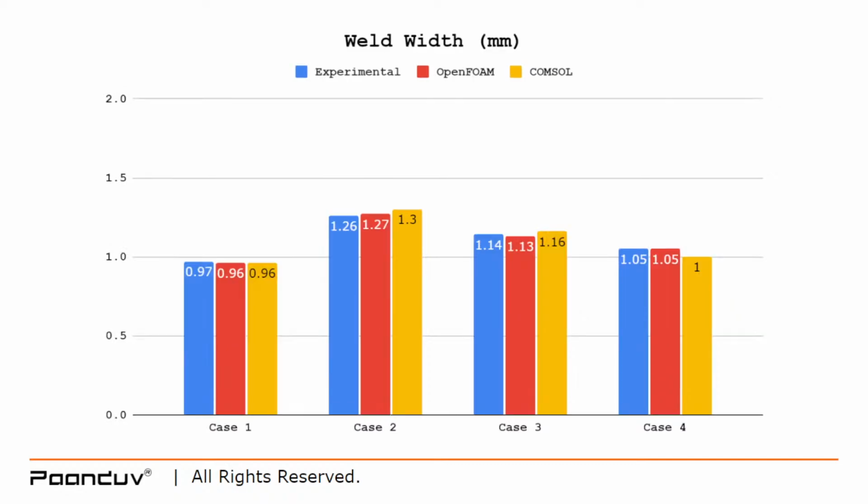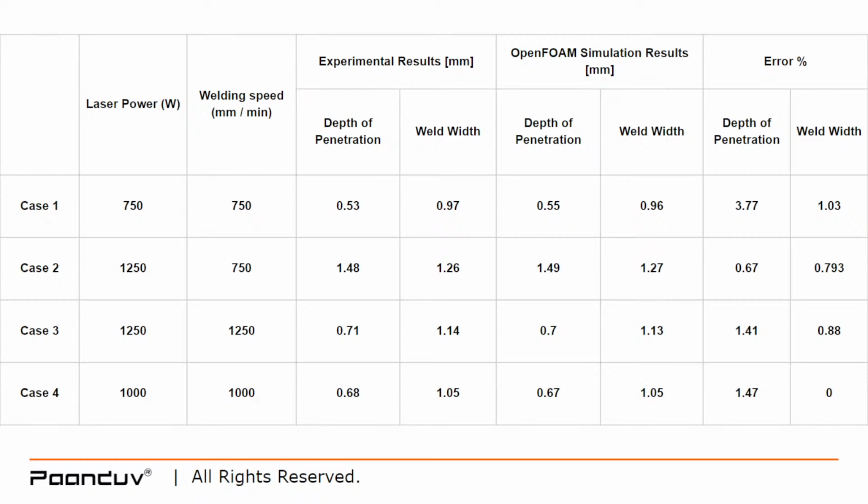Now, as we look at the weld width as well, again the OpenFOAM data is doing exceptionally well in comparison to the experimental data. And if you were to report all the error percentages for this validation study, you'll find that depth of penetration ranges from 0.5% to under 4%, and weld width ranges from almost negligible to around 1% error as compared to the experimental data.